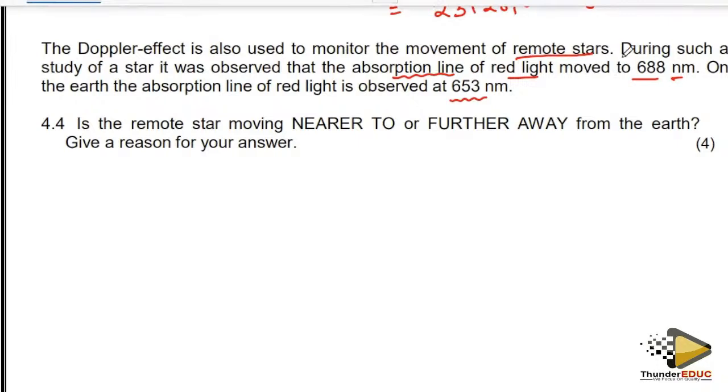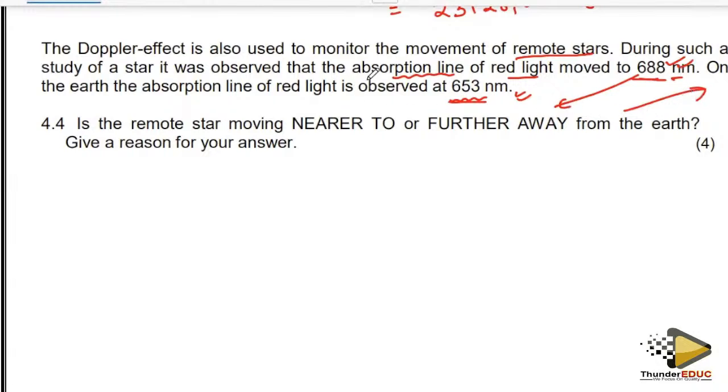So we can see that there is a decrease. This is 688, this is 653. If we look at what is observed here and what is observed here, someone can say there is a decrease when moving this way, or there is an increase when moving in that direction.